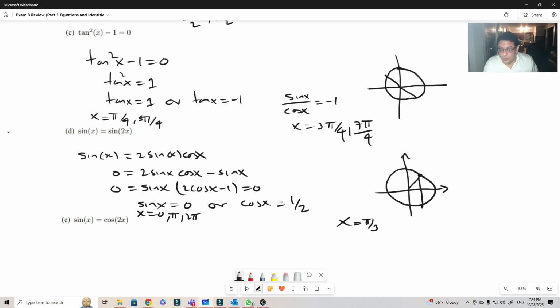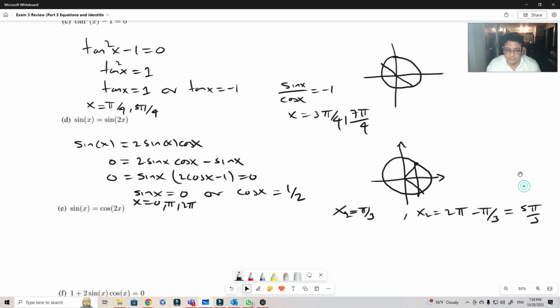And I'm going to have one that is going to be in the fourth quadrant. So for the fourth quadrant, it is going to be 2 pi minus pi over 3. So this is 6 pi over 3 minus pi over 3, which is 5 pi over 3. And so that is the solution for the equation sine of x equals sine of 2x.